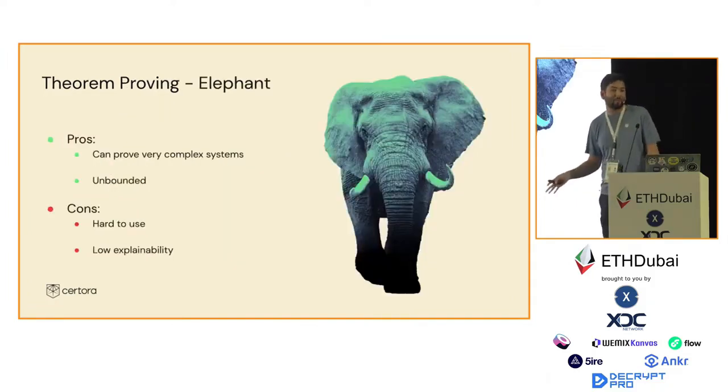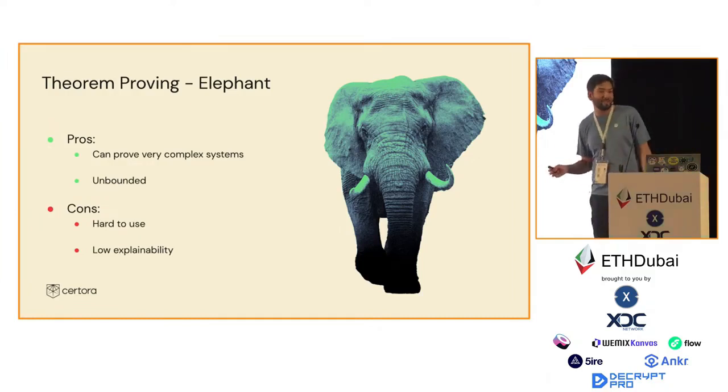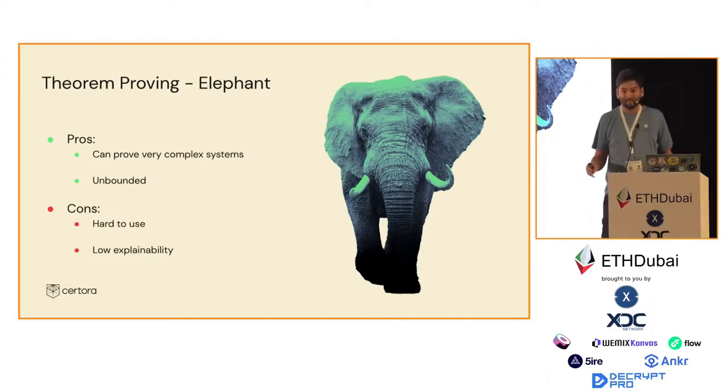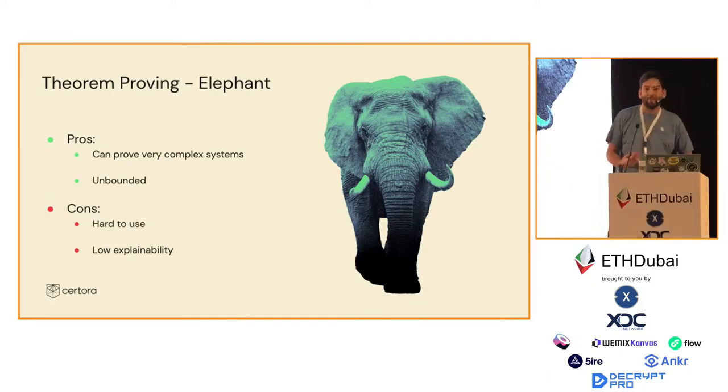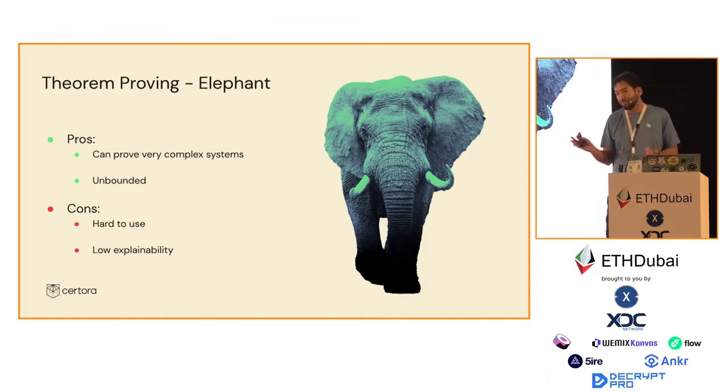So to sum it up, theorem proving is like an elephant. It can carry great weights. In practice, it was used to prove very complex systems, much more complex than smart contracts. It was used to prove airplane software or submarine software. And it's also unbounded. Like I said before, we don't need to limit the number of loops or any other things like that.